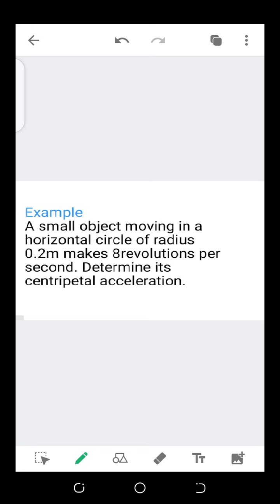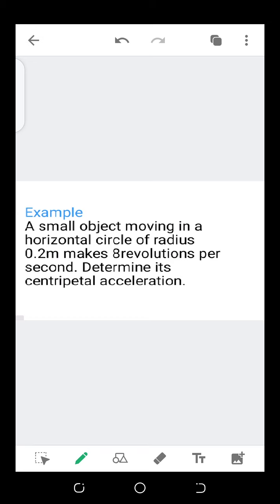Now, if you can remember in the last video, we were defining some terms. I defined frequency and period. And if you can remember, I said period is the time taken by a body to make one complete revolution.